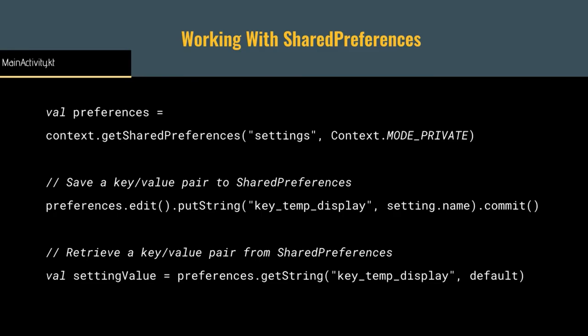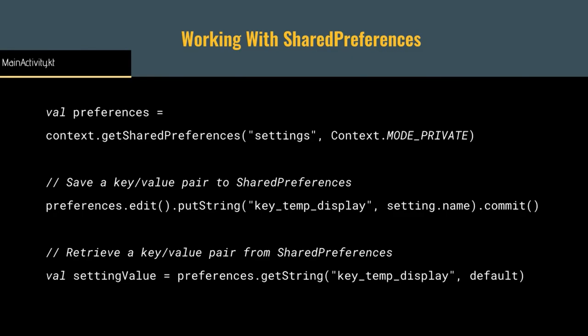In this case, I'm passing in setting.name. And then once I've added all the data I want to add in this transaction, I call commit, or you could call apply. Either one will work. That commit call is what's going to actually save out all of those key value pairs to the local settings file.